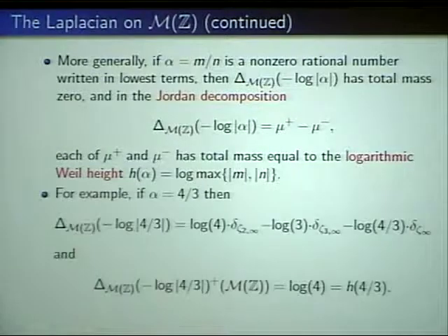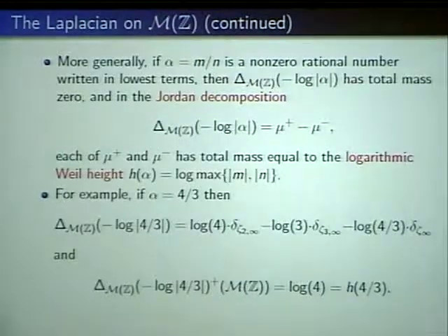So here's an example. If alpha is 4/3, the Laplacian of this function is log 4 times this point minus log 3 times that point and minus log 4/3 at infinity. And so the positive and negative parts both have mass log 4, which is the height. It's the maximum of the numerator and denominator written in lowest terms.